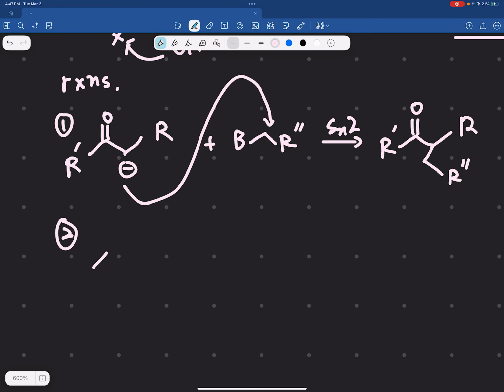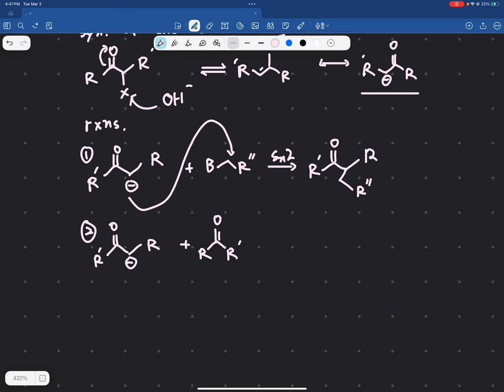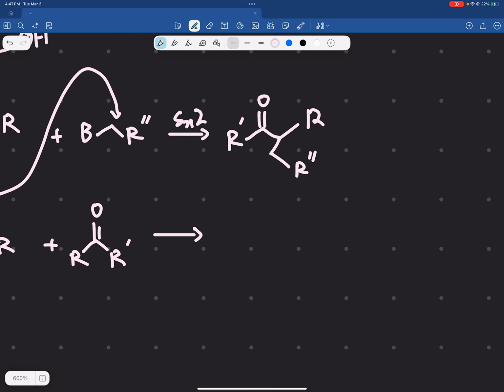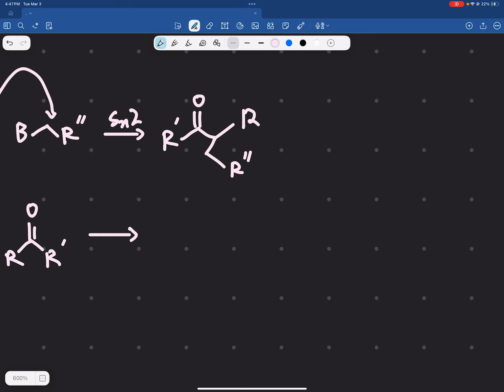And they can also react with stuff like ketones. So this is an acyl addition, and it's going to end up looking like this.